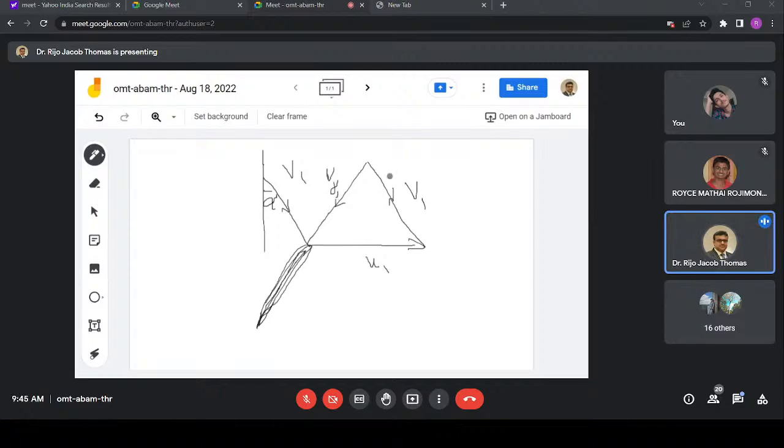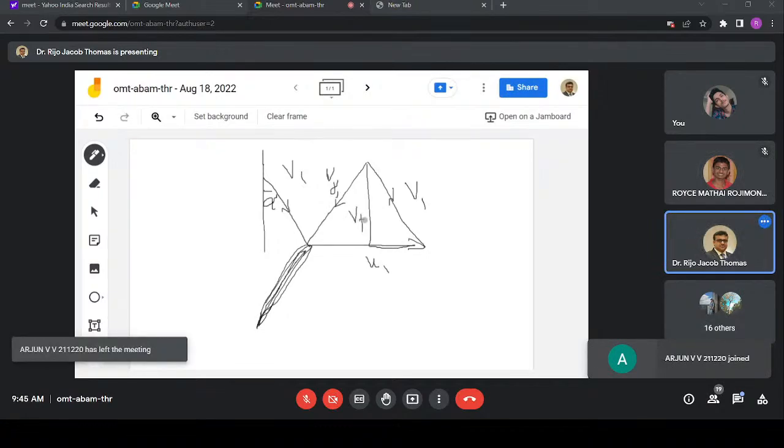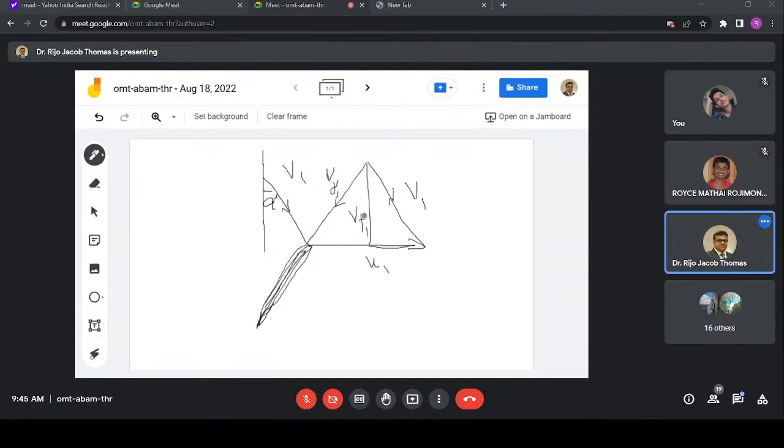Now, if I resolve v1 into the flow direction and the whirl component, this would be my vf1, then this would be my vw1, this would be my alpha, and this relative velocity component angle would be my theta. Okay. Yes, sir.